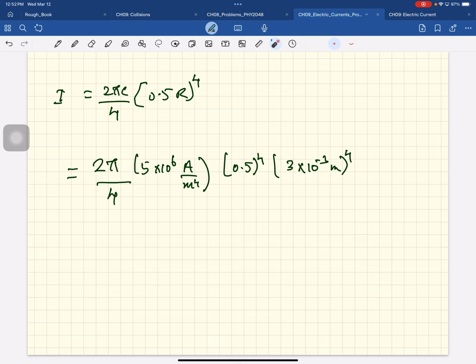Okay, let's take care of powers of 10. That's 10 to the minus 12, and then you get 10 to the minus 6. Then we'll absorb the 0.5, which is 10 to the minus 1, and to the 4 that's 10 to the minus 4, and together with 10 to the minus 6 that is 10 to the minus 10. Amperes, 2 pi by 4 into 5 to the power 4 into 3 to the power 4.